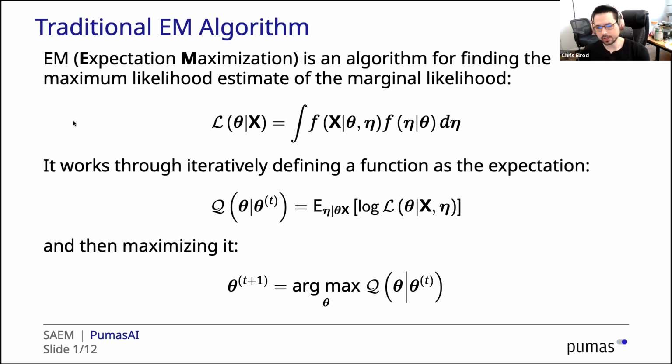Now it works iteratively through defining a function that gives us the expectation of the full log likelihood. Here, this means I get the product of these two terms, the joint, and then we maximize it to define the parameters of the next iteration. So then, once we have these updated parameters, we again define this expectation function, and we keep repeating.